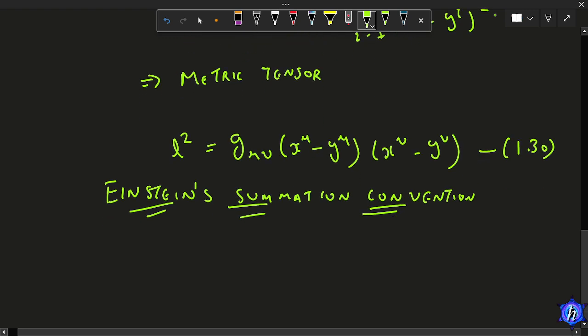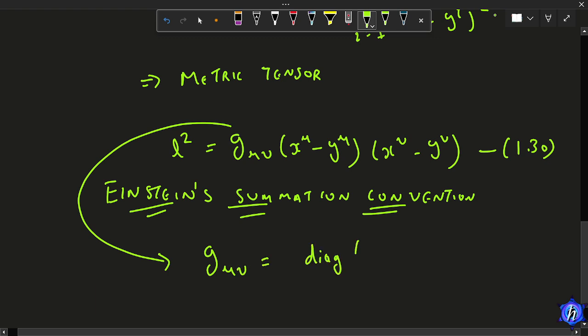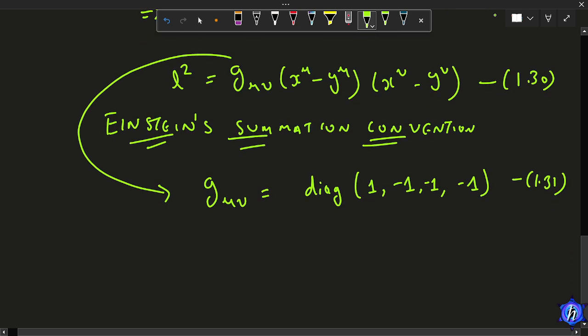So in this case, the value of g mu nu is diagonal: 1, minus 1, minus 1, minus 1. This is equation 1.31. What does it mean?